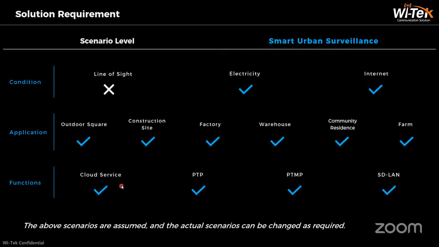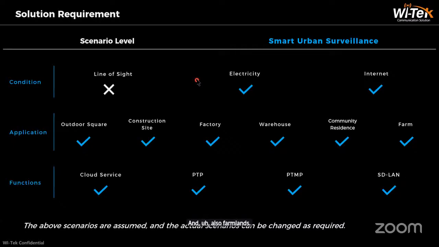As for the smart urban solution, we also have conditions with none of line of sight, electricity, or internet. As for the applications, they include the outdoor squares, construction sites, factories, warehouses, communities, residences, and also farmlands.